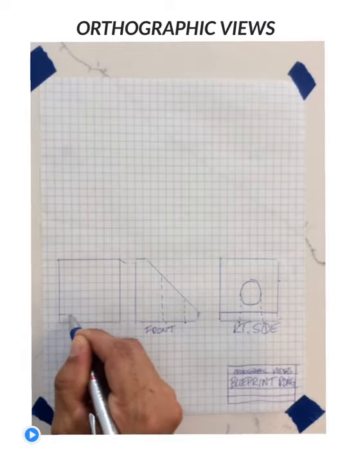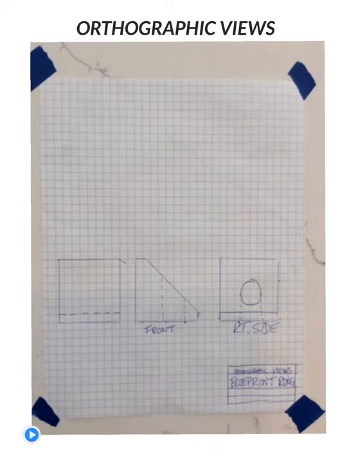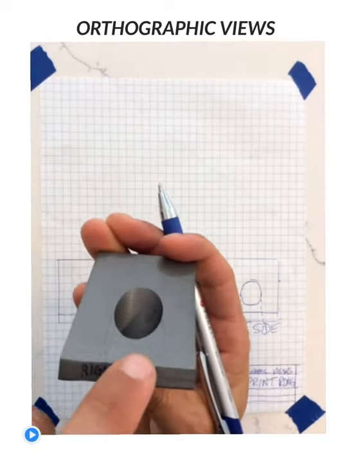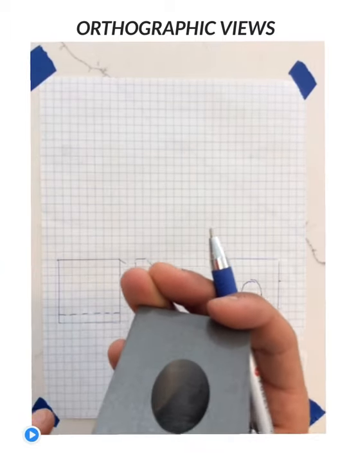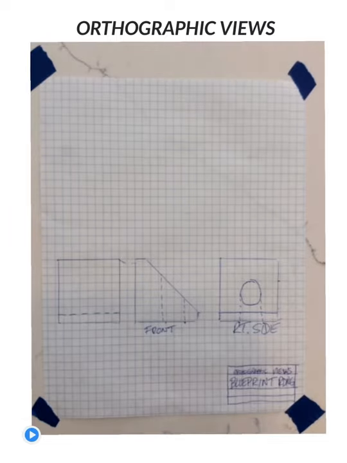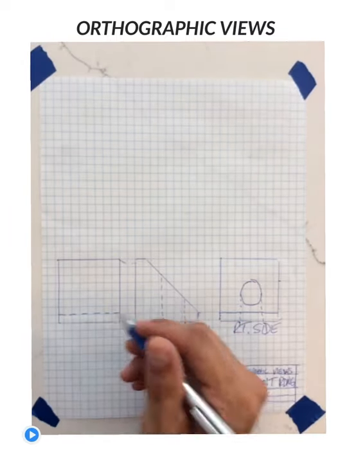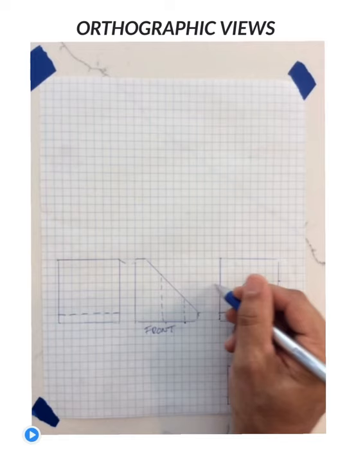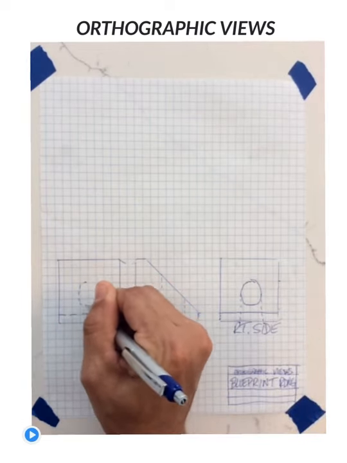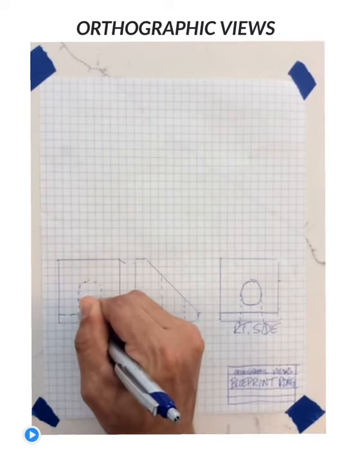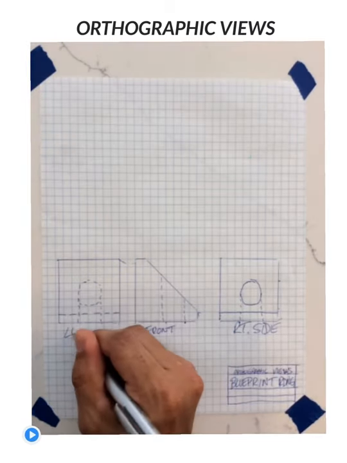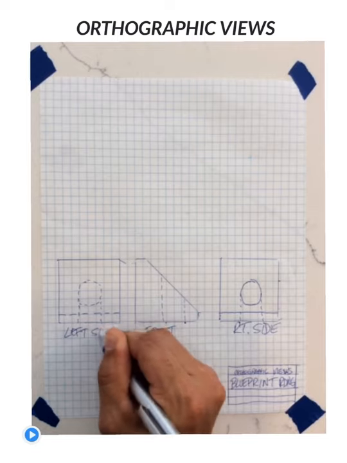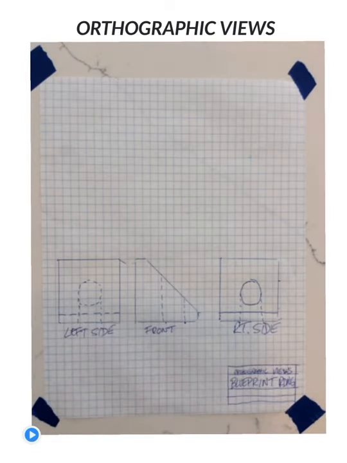So I'm going to do hidden lines for that top edge right there, not the bottom. The bottom is down here. And then I basically just copy this over here, following that line like that. Hidden lines, and that is your left side view.